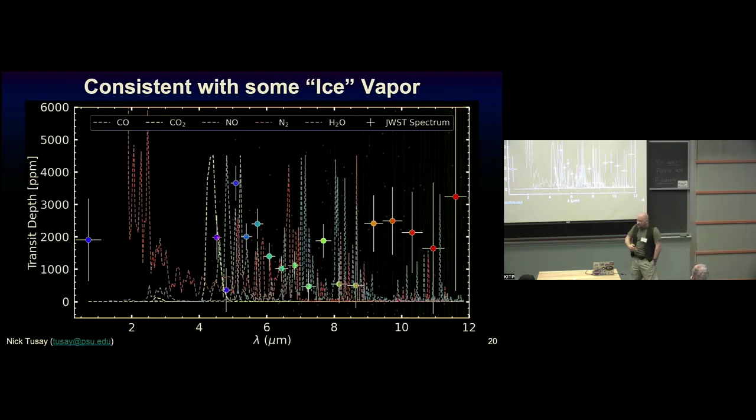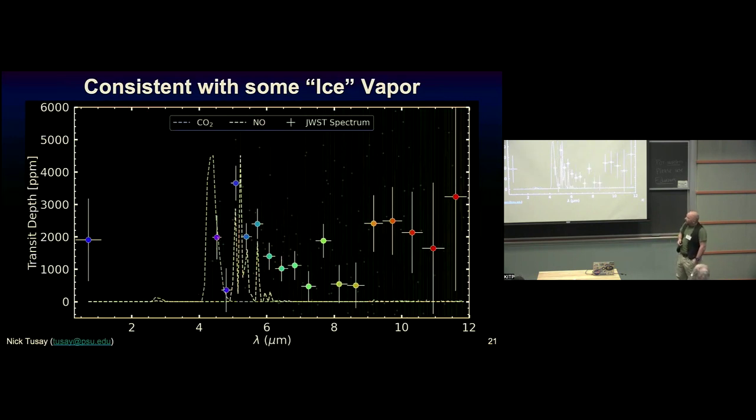So then we expanded our search of gases that could be consistent with a small planetary body in a system to include ice vapors. And long story short, we think that our data is consistent with CO2 and NO. Note that I am saying consistent with and not saying definitely detected.